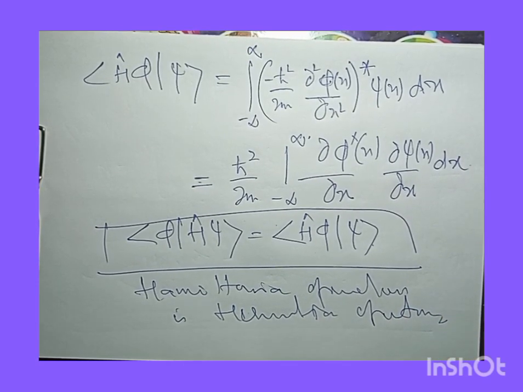These are some of the important results that we have obtained in this video, where we have tried to prove mathematically that operators like the position operator, momentum operator, and Hamiltonian operator are Hermitian operators, and we proved that the Pauli matrices are also operators, and these operators are also Hermitian operators.